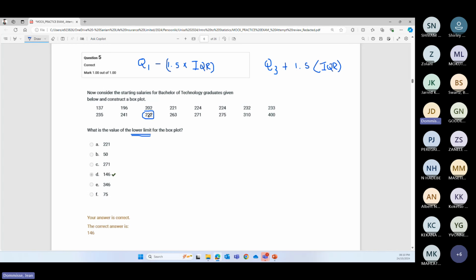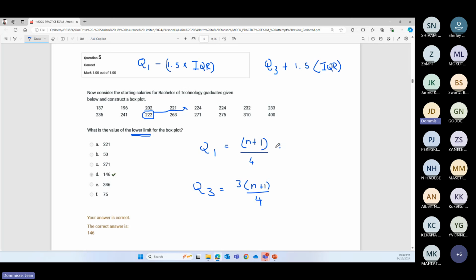But again, that number should be there. So if we need to get Q1, let's first do Q1: it is (n plus 1) divided by 4. Q3 we also need to get, because we need to get to the interquartile range: it is 3(n plus 1) divided by 4.